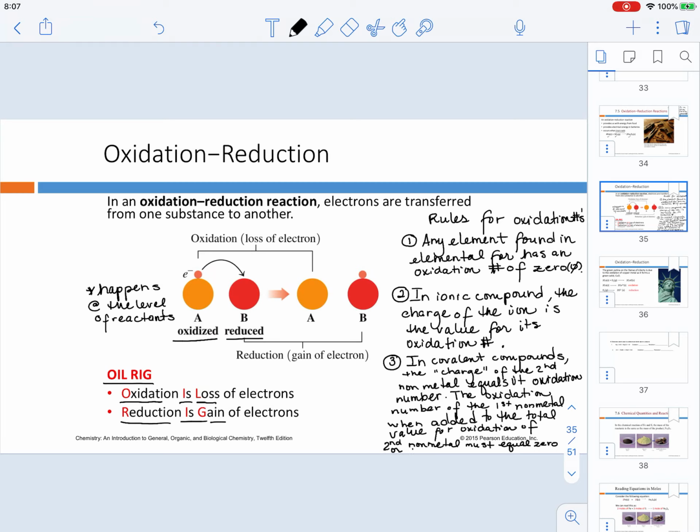Or charge value. So I just want to specify that.